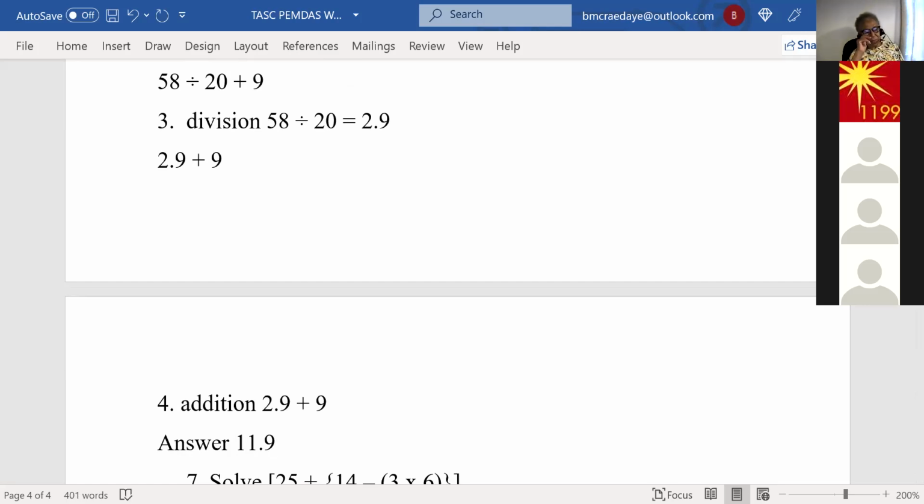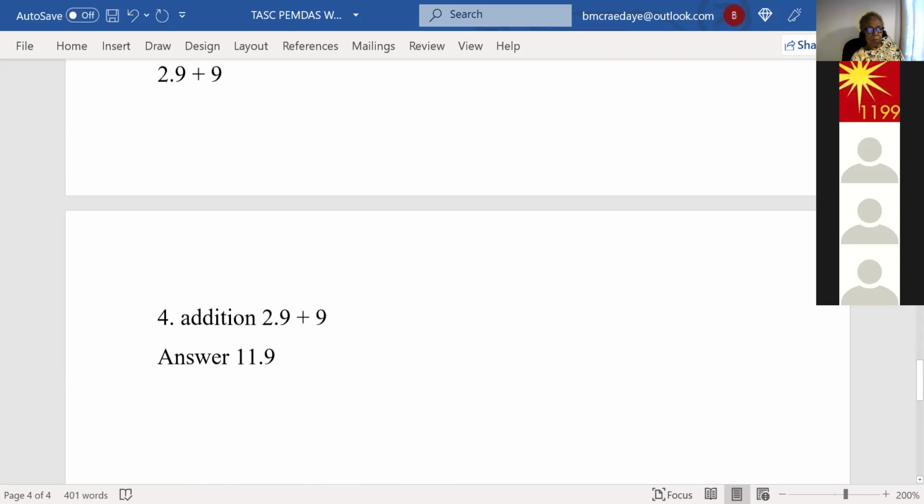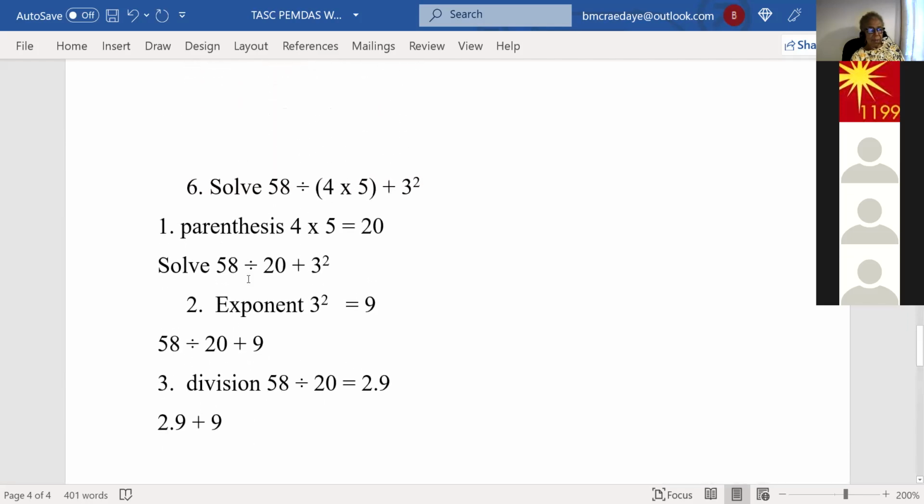That's your answer. Okay, let's just go back up to it. That one had, what did we do? Parenthesis, exponent, division, and then addition. Good.